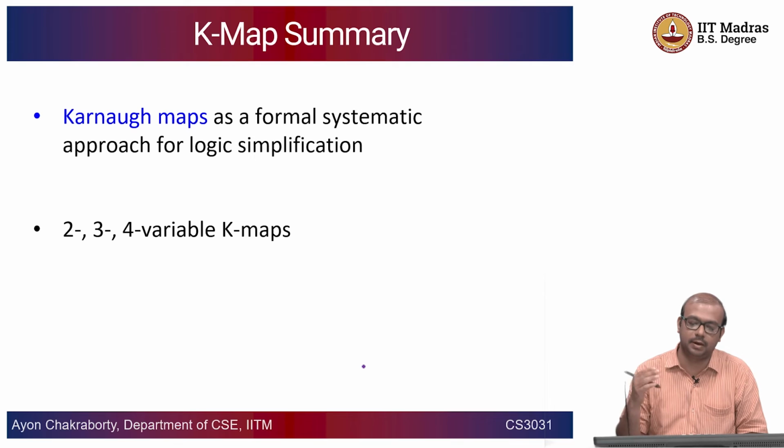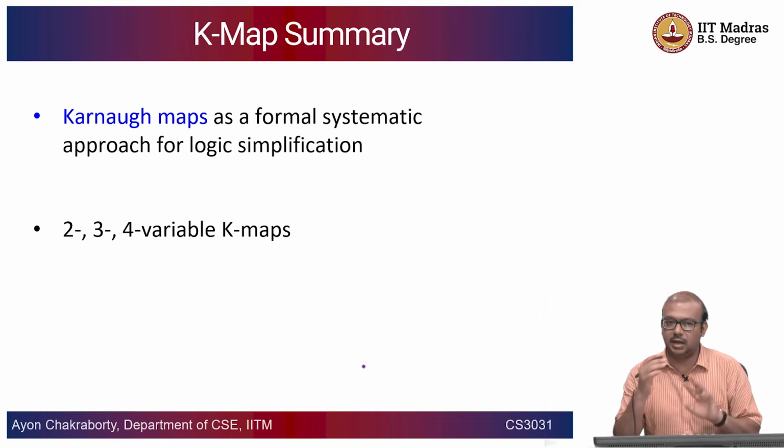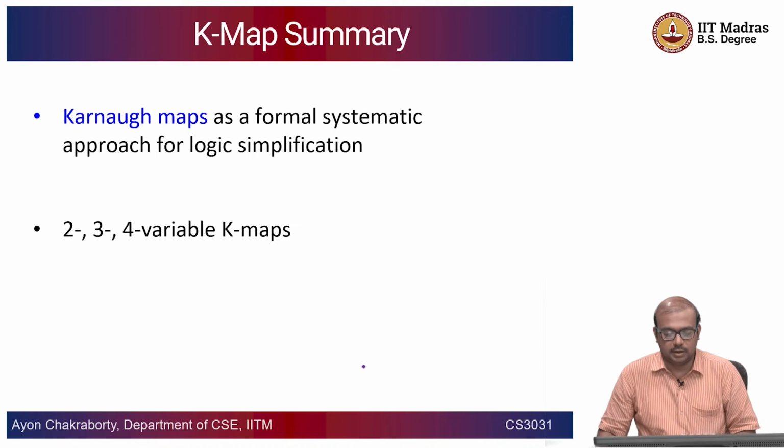Let us say the 5th variable is L. You want to have a 4 variable K-map for L, another 4 variable K-map for L bar, right, and then do the grouping accordingly. So, that is a little bit more involved, but 2, 3 and 4 variable K-maps are something that we will be using in this particular course, right.